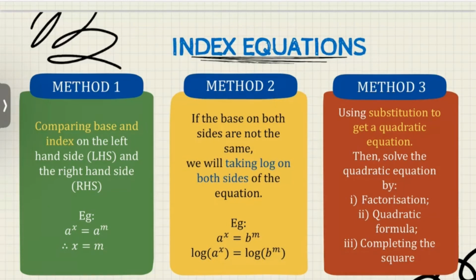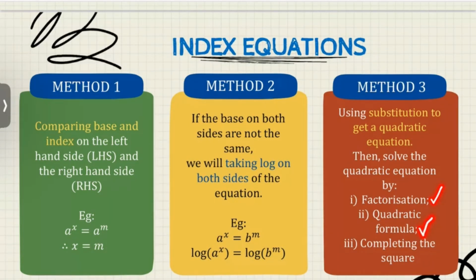And method yang ketiga, let's say kita tak boleh gunakan kedua-dua method ini, okay. Kita akan tukarkan dia kepada quadratic equation. Okay, so bila kita involve quadratic equations, so quadratic can be solved using 3 methods pula. It can be either factorization, using quadratic formula.